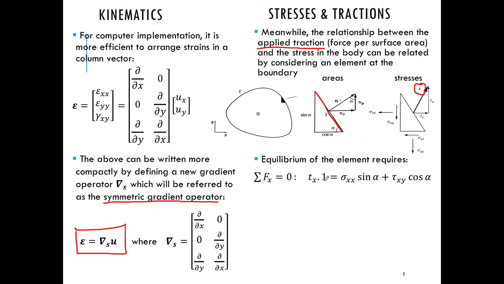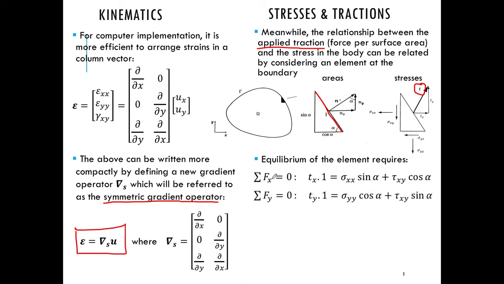So Tx times 1 must be balanced by this sigma xx and this sigma yx, but sigma xx is acting on an area of sine alpha, hence sigma xx sine alpha, and sigma yx is acting on an area of cos alpha, hence this term right here. So that gives me force equilibrium in the x direction.